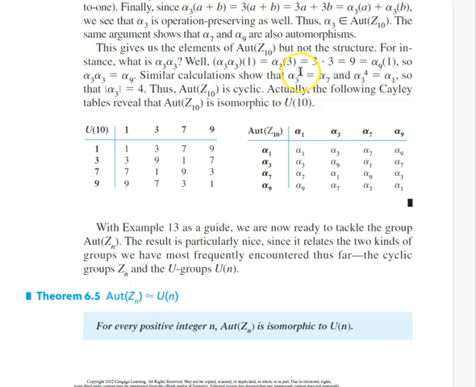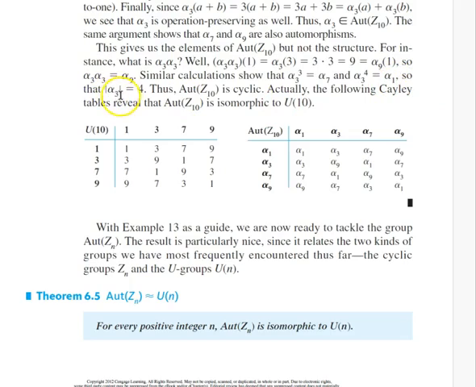Similarly, alpha 3 cubed is alpha with index 7. Why is that? You multiply 3 times 3 times 3, which is 27, and take the remainder mod 10, it is 7. So alpha 3 cubed is alpha 7, and alpha 3 to the 4 is alpha with index 3 to the 4 mod 10, which is 1, so it is alpha 1.